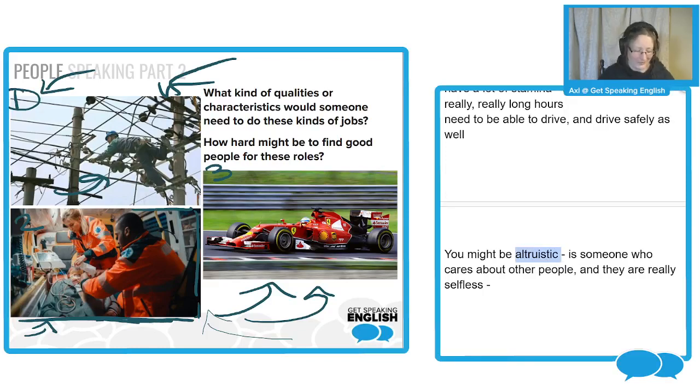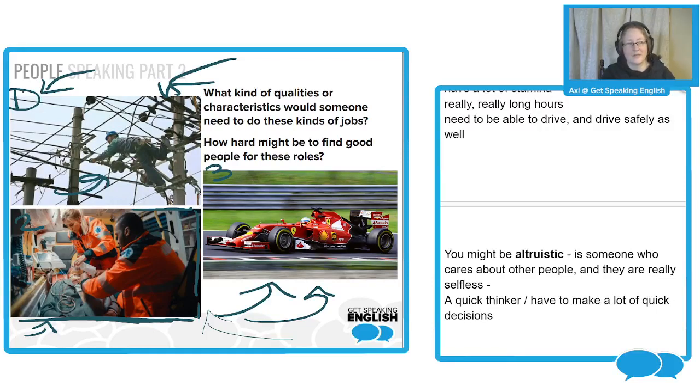So if you're altruistic, you love to help other people. That's really important. Maybe you also have to make a lot of really quick decisions. So maybe you're a quick thinker. Have to make a lot of quick decisions. So lots of great ideas, things that you would need to do that kind of job.